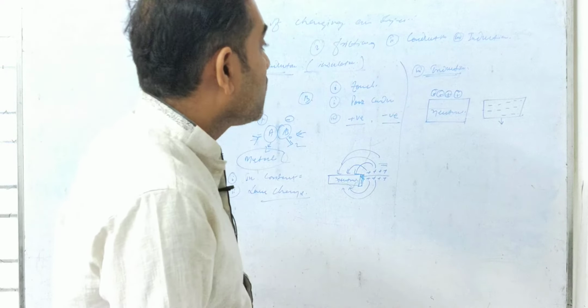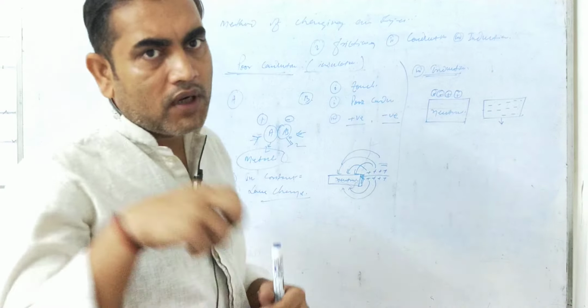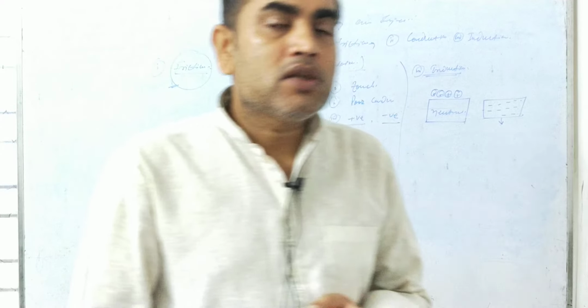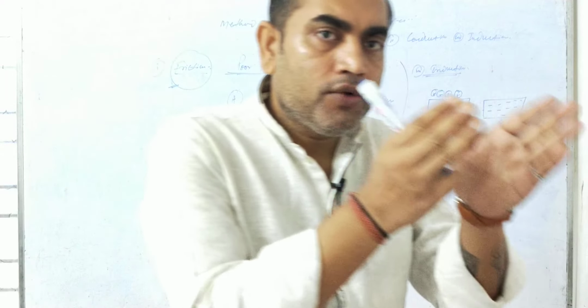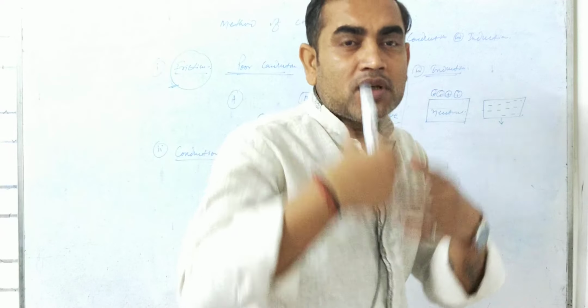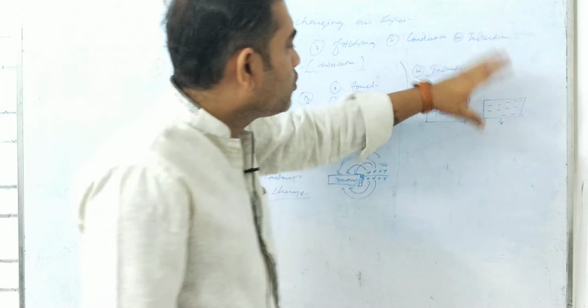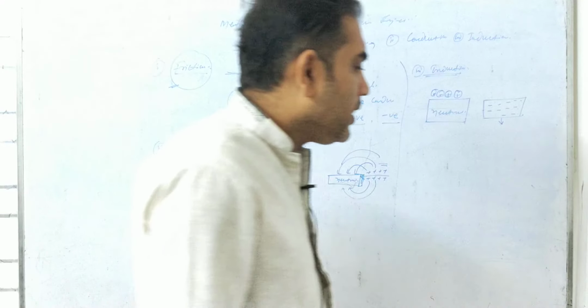So this is the method of induction. In the method of induction, a charged object is brought nearer to the neutral object, and while doing so, the neutral object develops some charge that is opposite to the charged object, and this whole process is said to be induction.